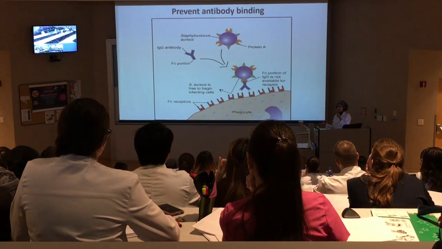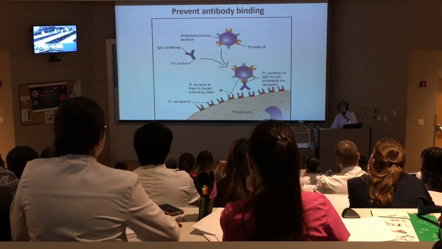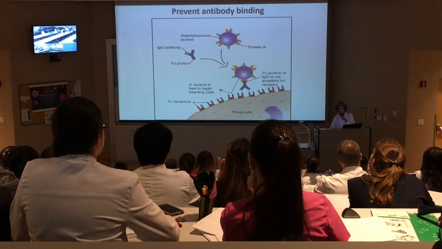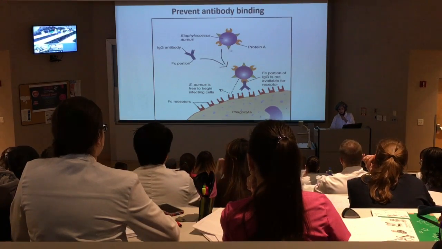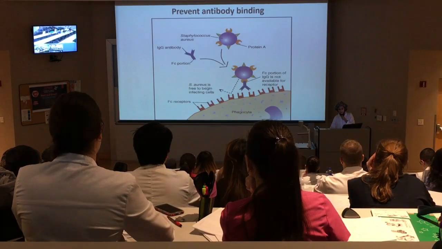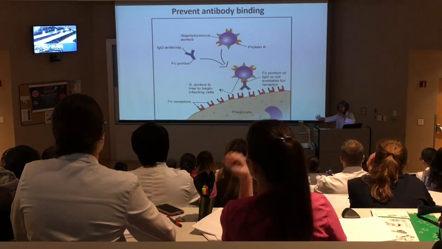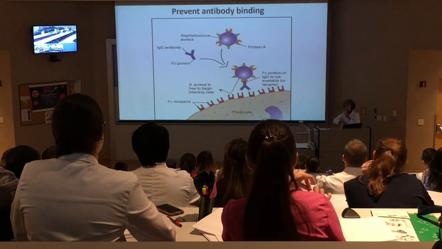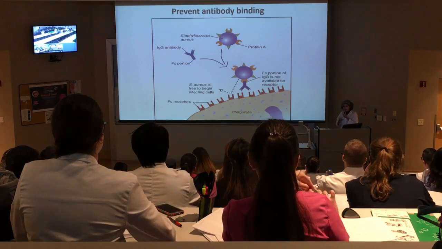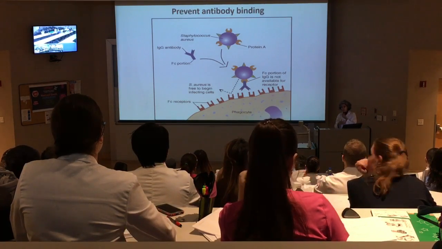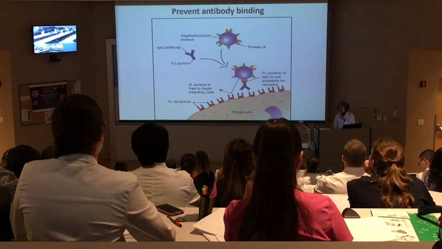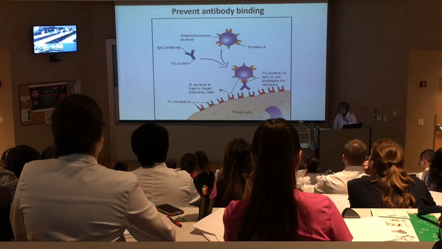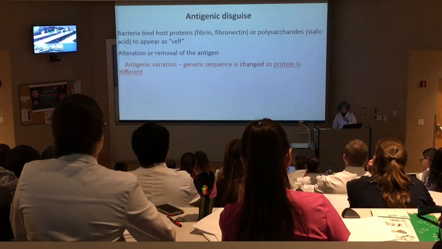That means there is no opsonization. Otherwise, what happens? The antibody binds to the antigen, the Fc portion binds to the Fc receptor, and then the entire thing is taken into the phagocyte. That is basically eating, right? It's eating that germ, taking it inside. So that doesn't happen, and the bacteria continues to grow.